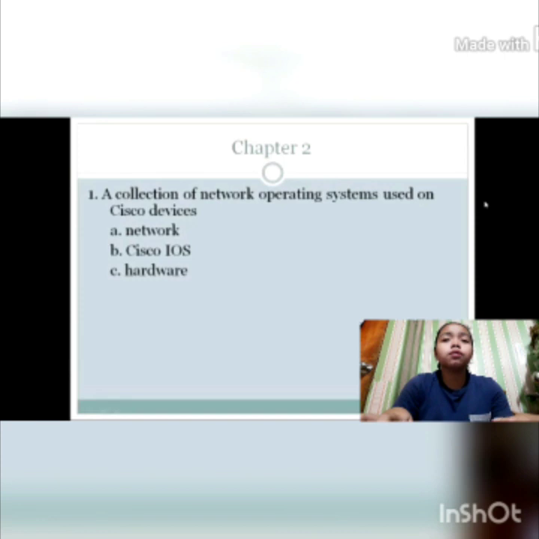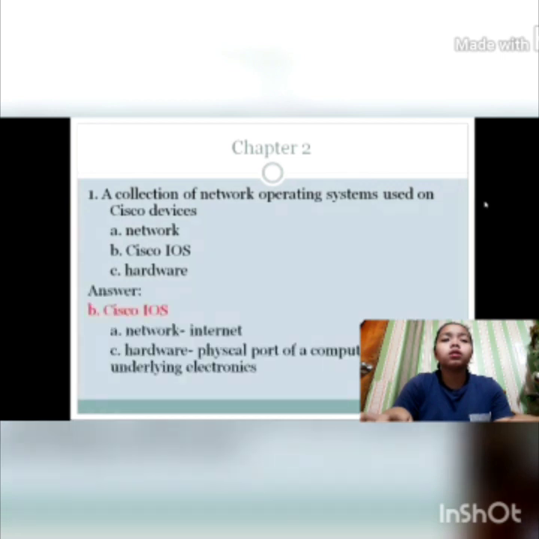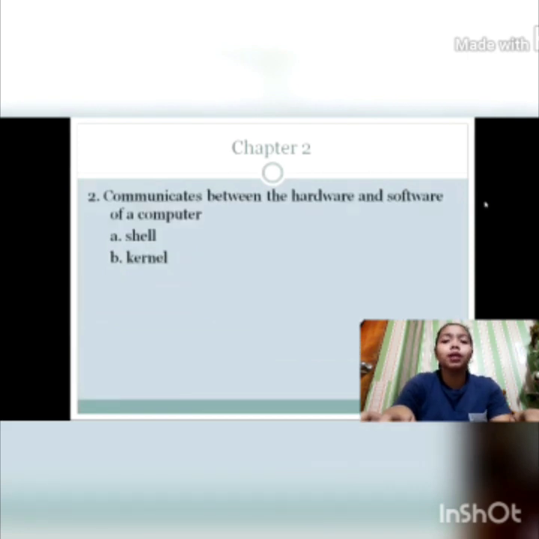This is Cisco IOS, because network is for the internet and the hardware is a physical part of a computer, underlying electronics. So the Cisco IOS is the operating system used on Cisco devices.